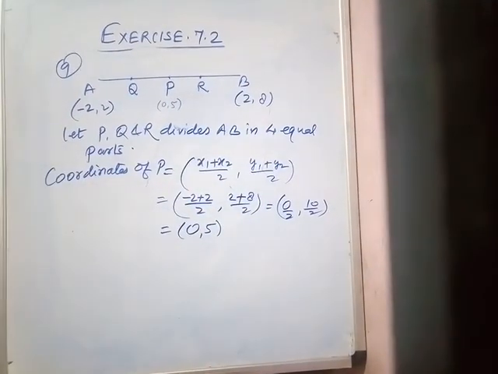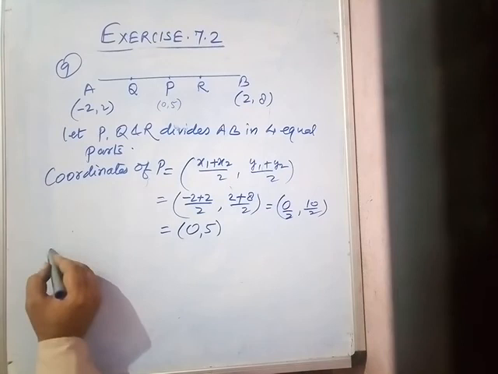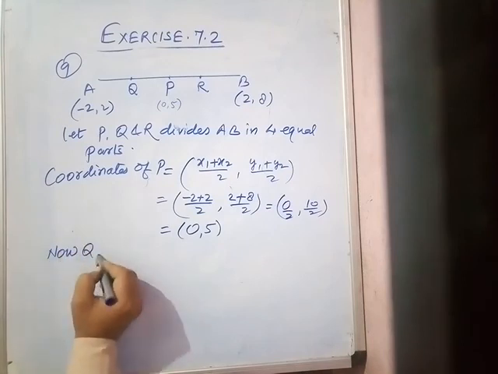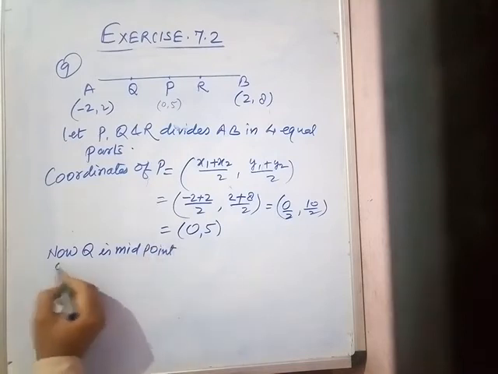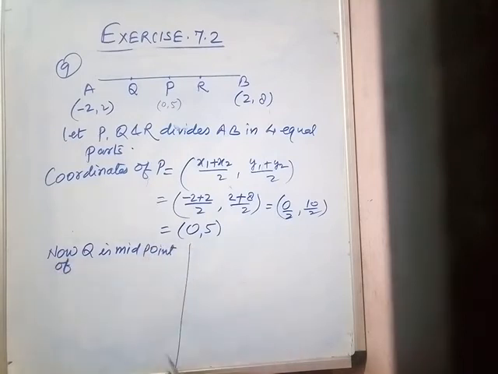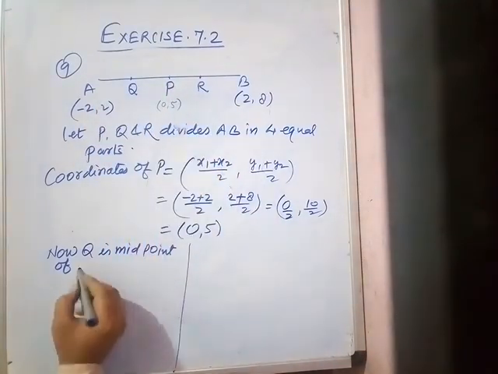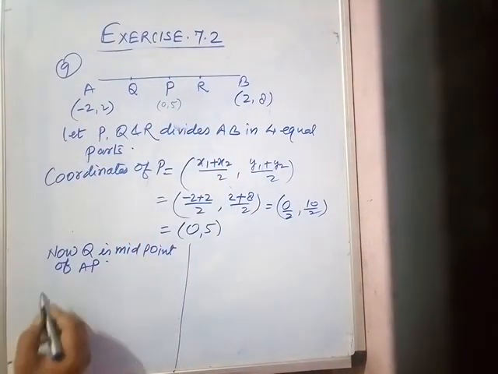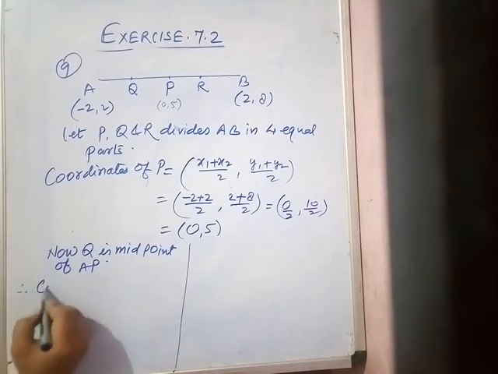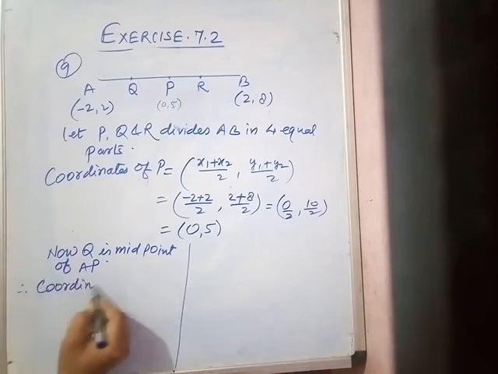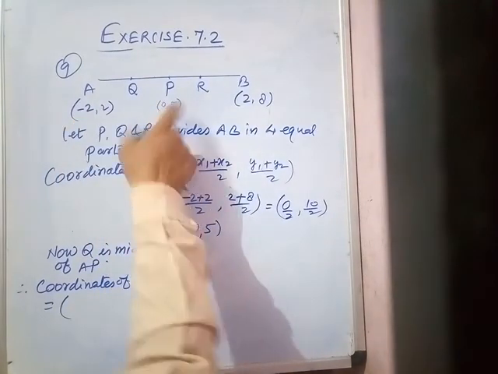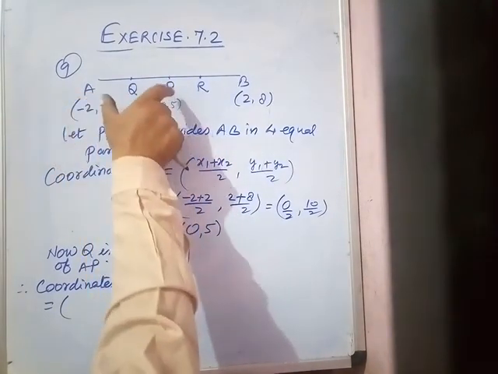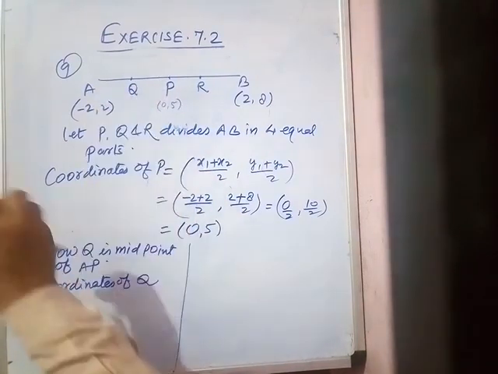Now Q is the midpoint of AP. Therefore, the coordinates of Q: we see only the coordinates of A and P, because Q is the midpoint of AP.